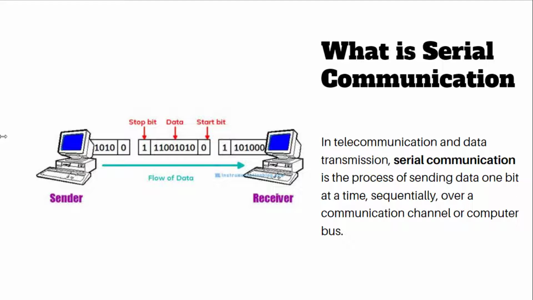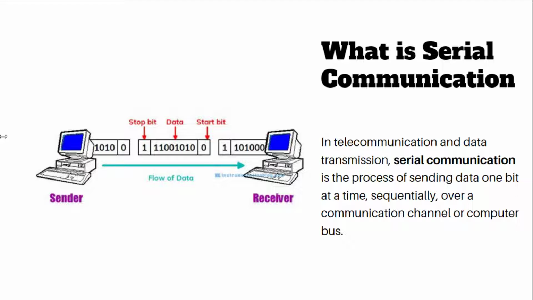Now in serial communication, data are sent over a single line from a transmitting device to a receiving device in a bit serial format at a pre-specified speed, which we know as the baud rate, or the number of bits sent each second.